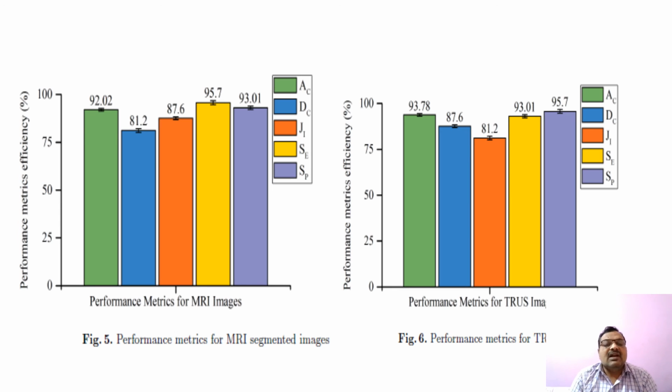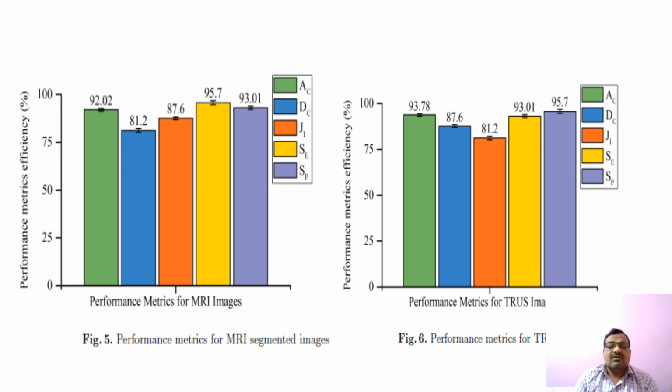So here we achieve 92.02% accuracy. The Dice similarity is 81.2. The Jaccard value is 87.6. The sensitivity is 95.3 and specificity is nearly 93.01.